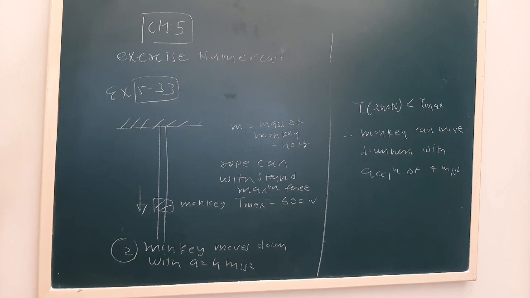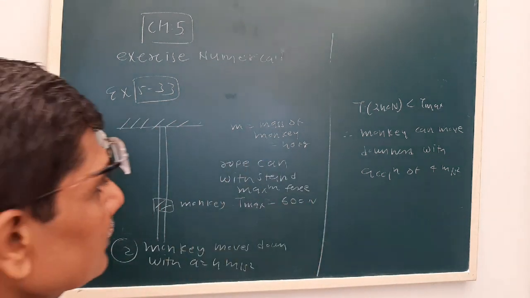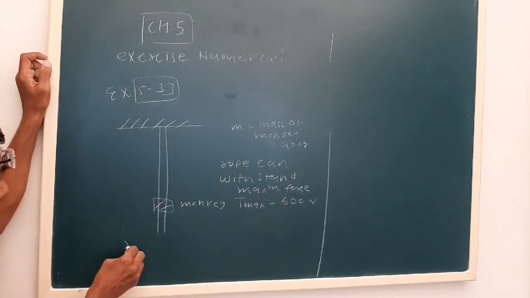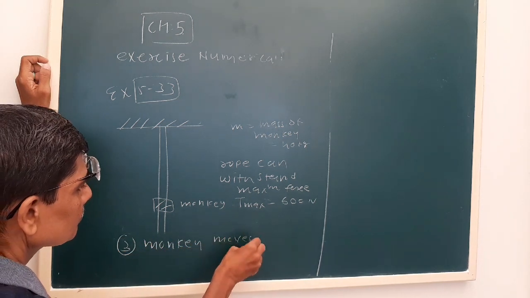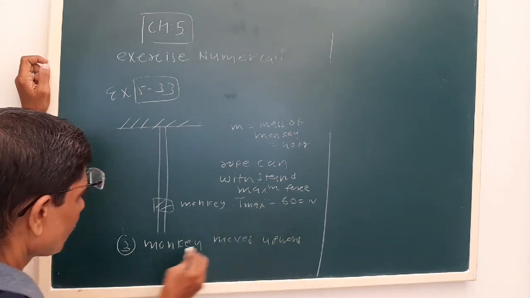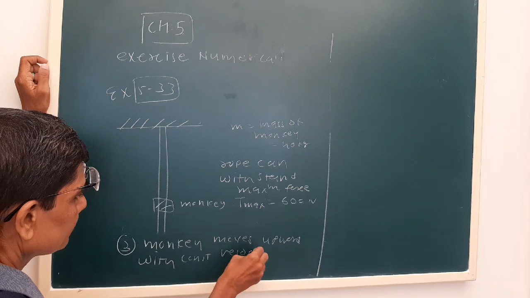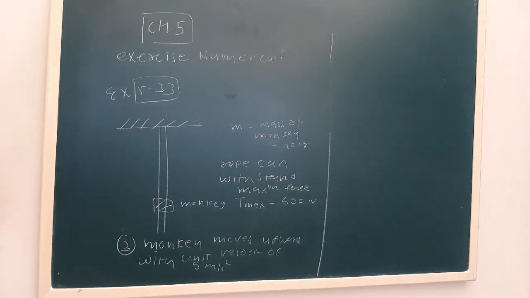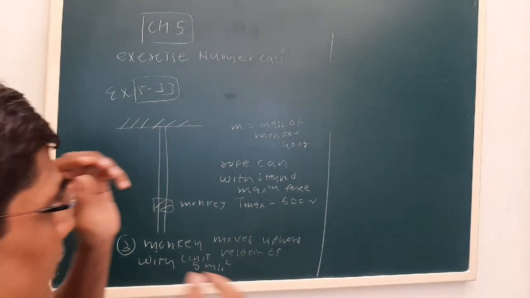Third case, the monkey moves with a constant speed of 5 meter per second. It moves with a constant velocity, so that is nothing but zero acceleration.